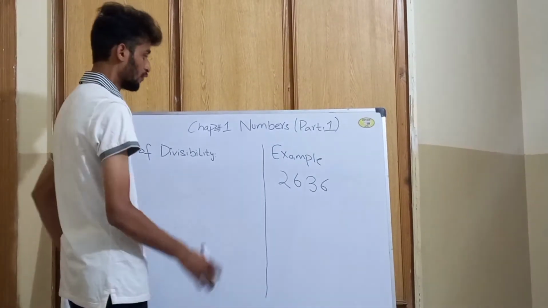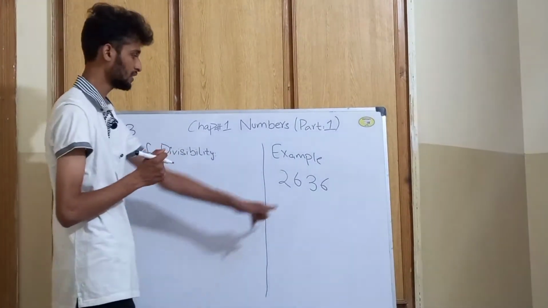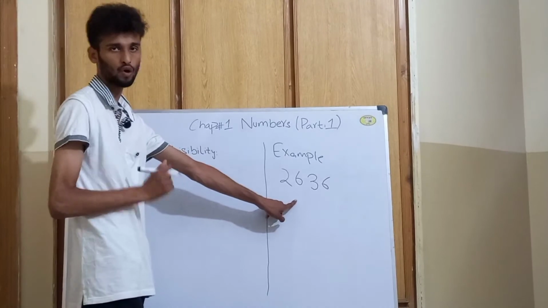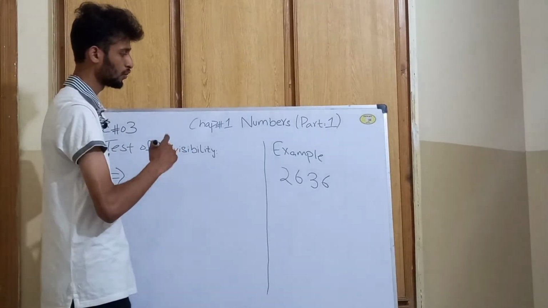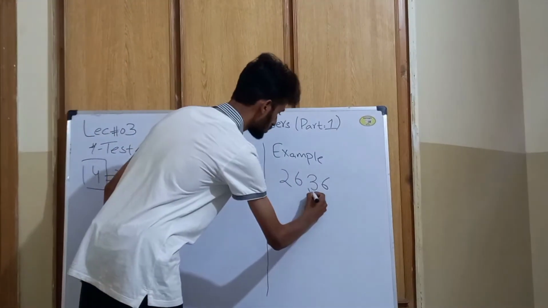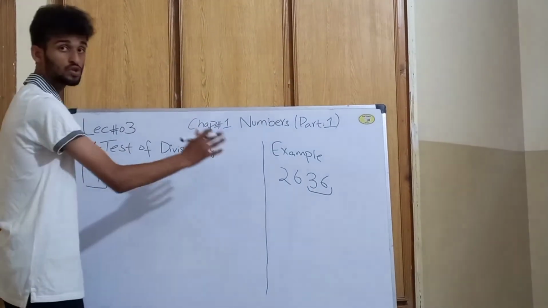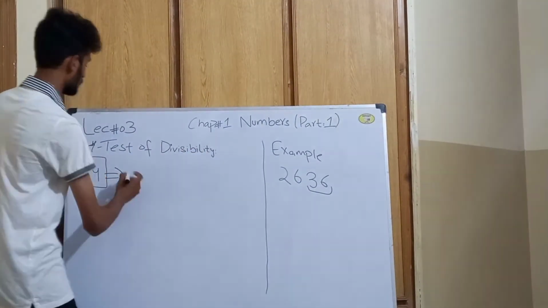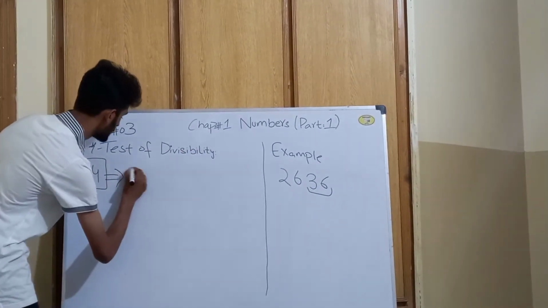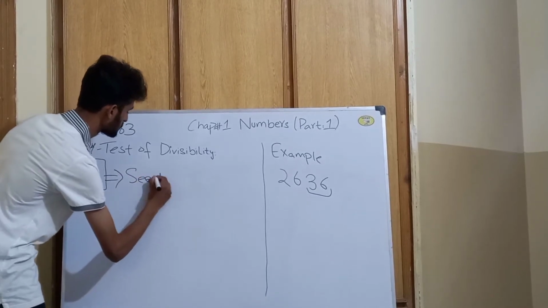We have to check whether this number is divisible by 4 or not. So what we will do is that we will select the last 2 digits, not numbers. So see the last 2 digits.